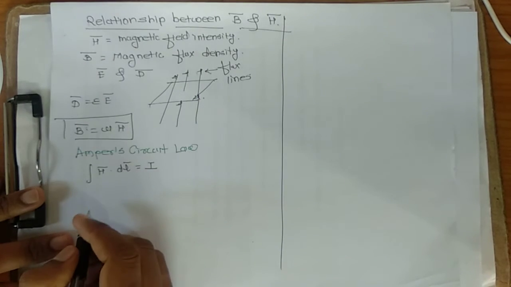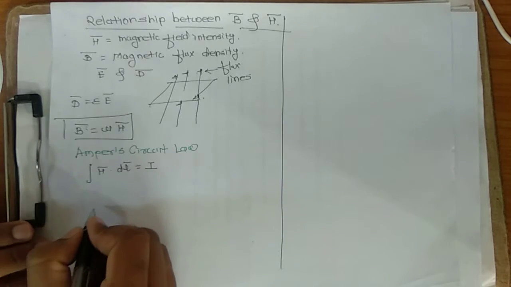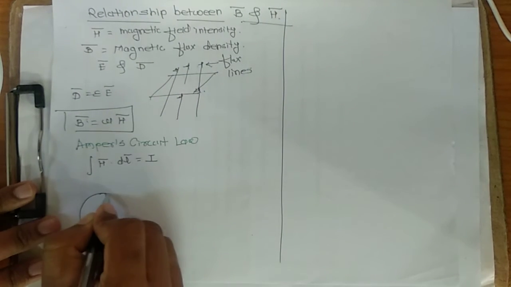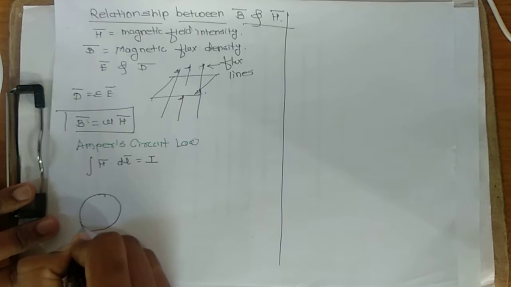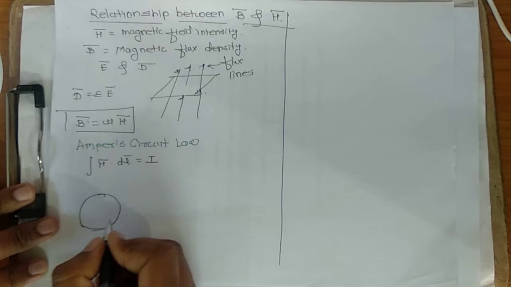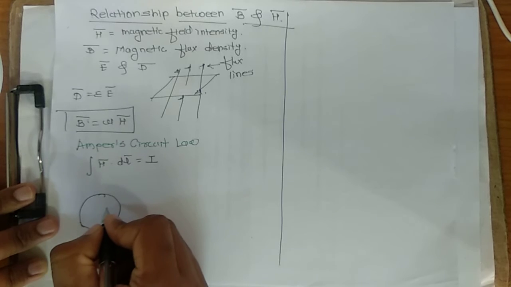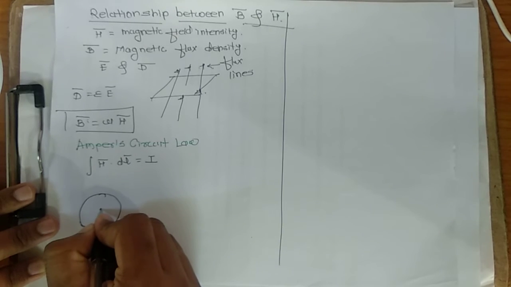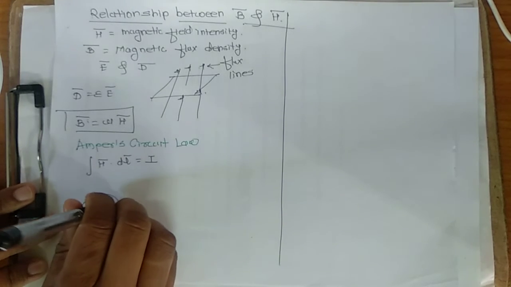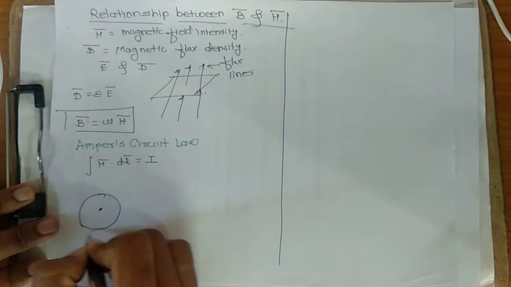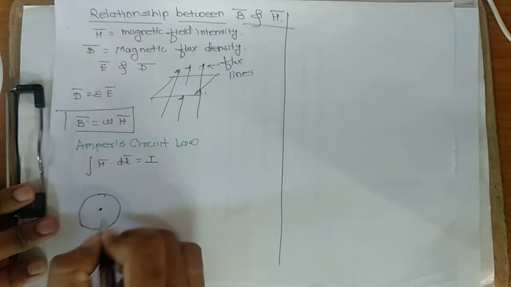We will study this by taking an example. Suppose there is a circular ring through which current is passing. At the center there is a filament, and surrounding that filament a magnetic field is generated.